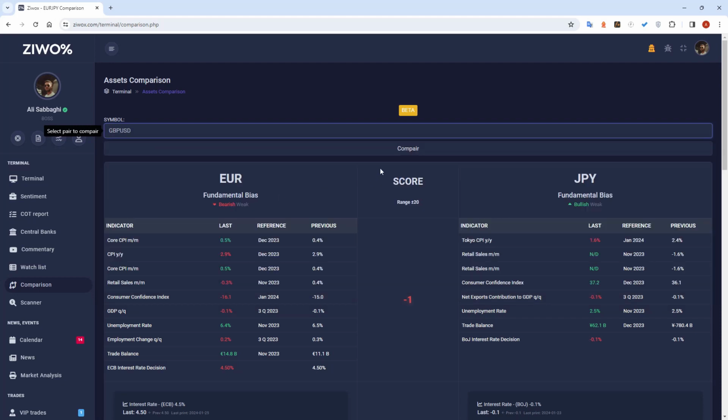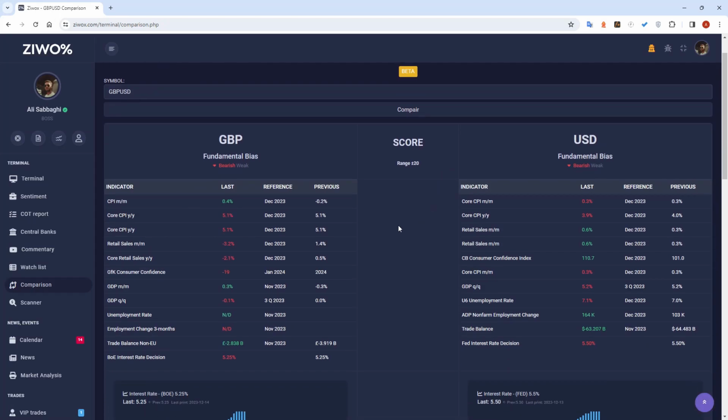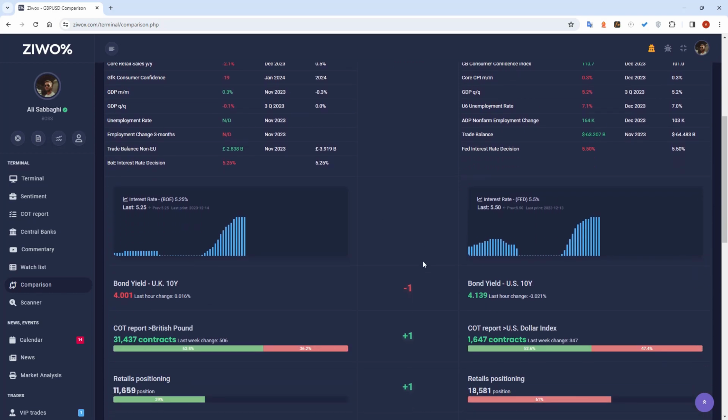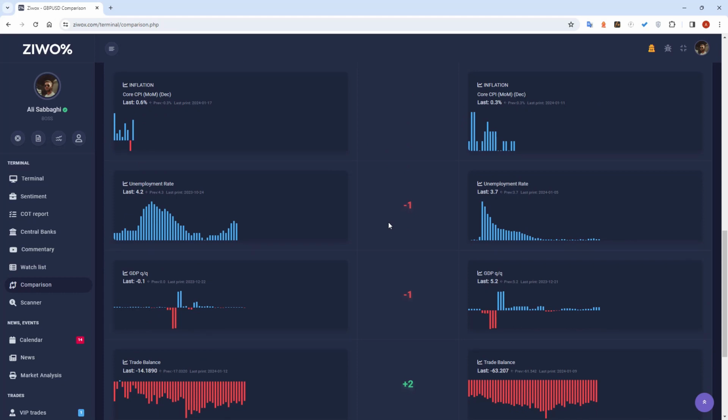Looking at the UK economy data, the pressure on the pound is clearly visible: the reduction of inflation, the decrease in the retail sales index in both monthly and annual terms, the decrease in the consumer confidence index, and the decrease in economic growth, GDP. In fact, with this data, speculations about a dovish tone from the Bank of England will increase.